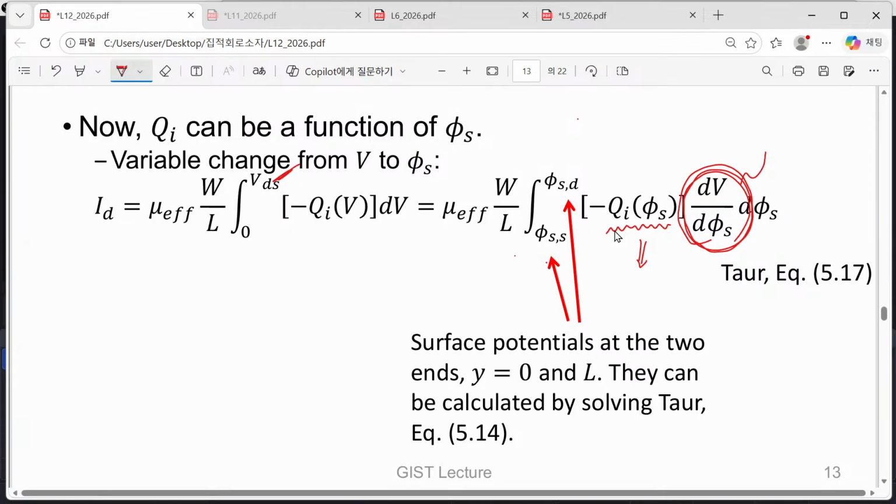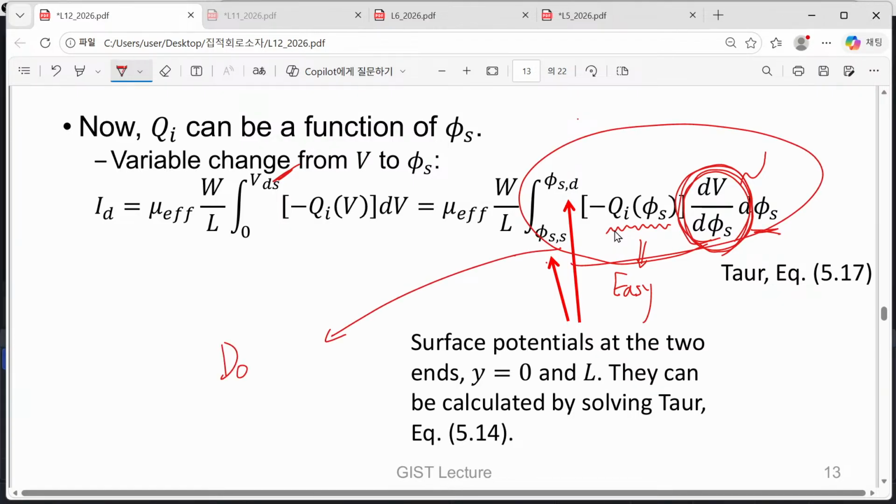But it is found that practically it is not that difficult to include this one. So simply speaking, q sub I is easy, and this is not easy but can be made easier. Taking the integration, the answer is that this integration itself can be done analytically.